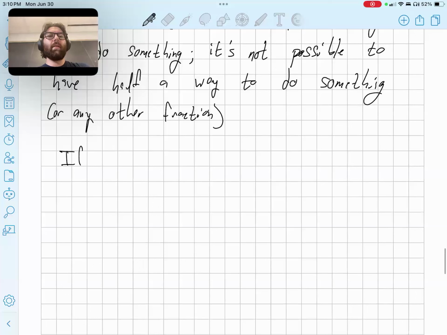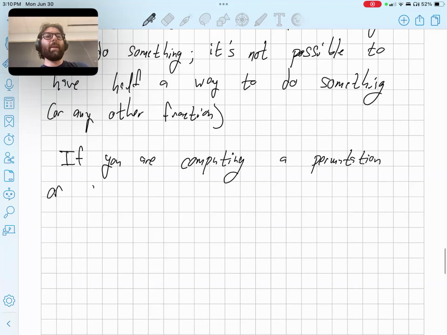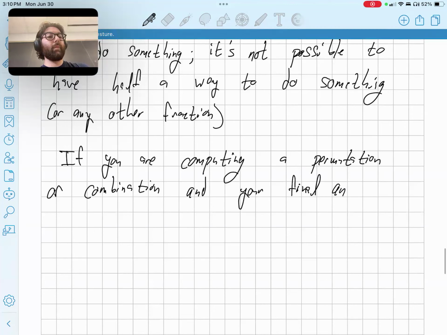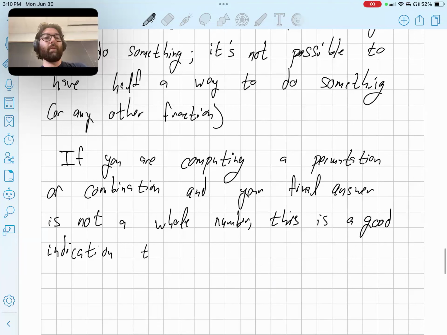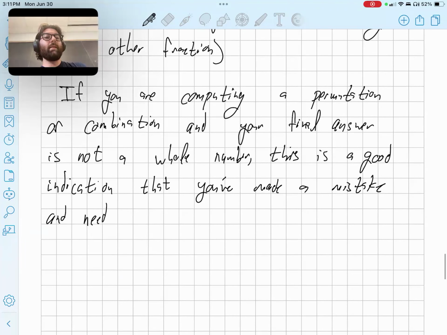And so if you are computing a permutation or combination, and your final answer is not a whole number, this is a good indication that you've made a mistake and need to check your work.